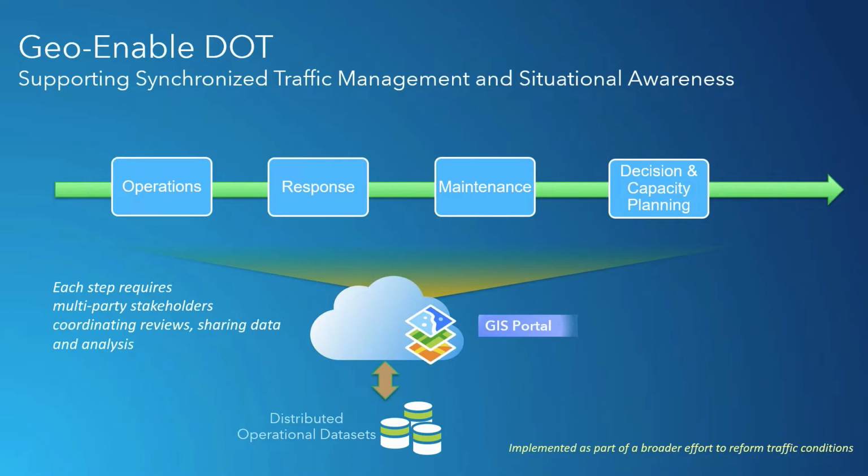The map can tell you where these maintenance issues are, and then help you get out to respond and to fix those problems. And then ultimately, you want to keep a history of this GIS data so you can do decision and capacity planning on your network going forward. A modern GIS portal allows you to keep all this information so you can do those types of activities.